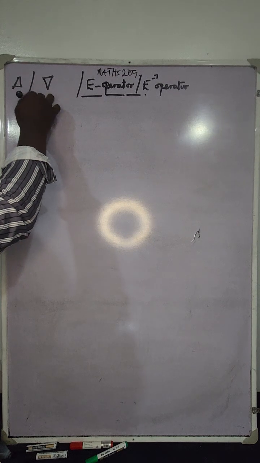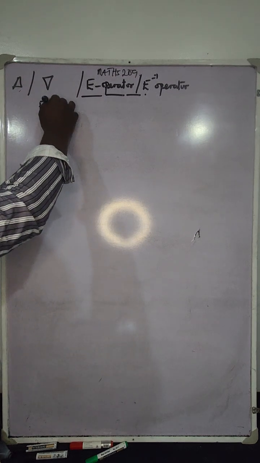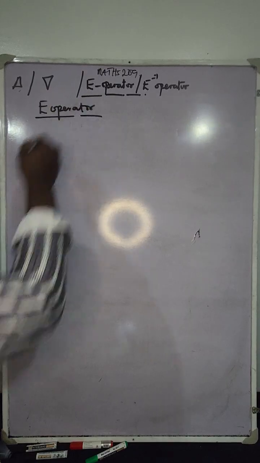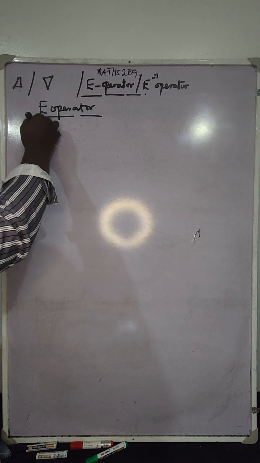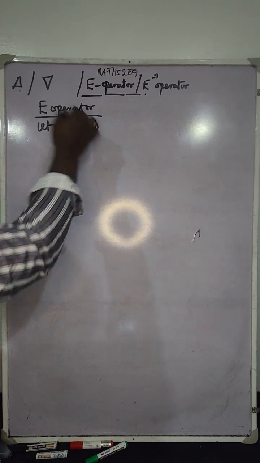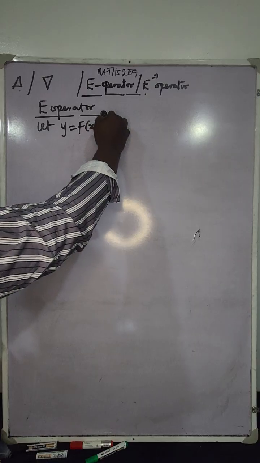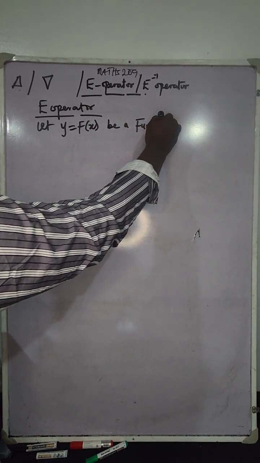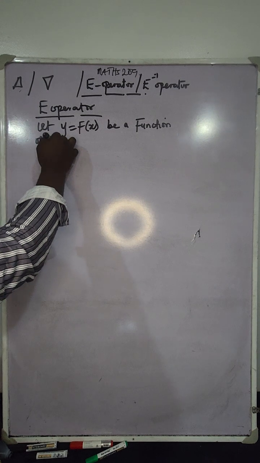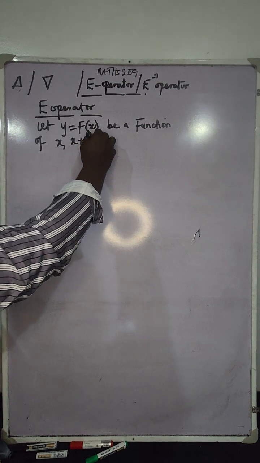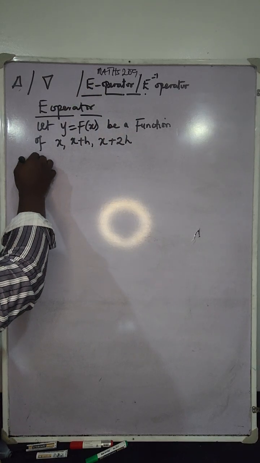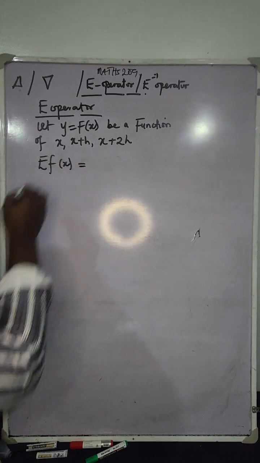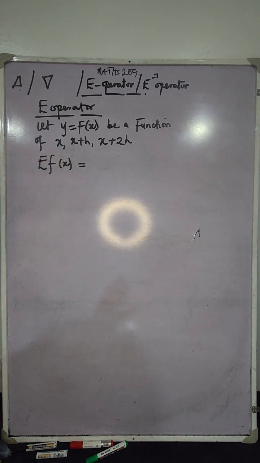When we say E operator, what comes to our mind is that if y equals f of x is a function of x, x plus h, x plus 2h, then E of f of x says push that f of x just to the front.